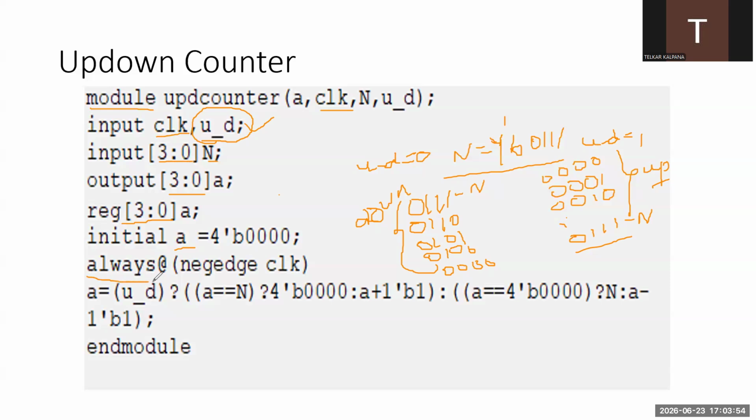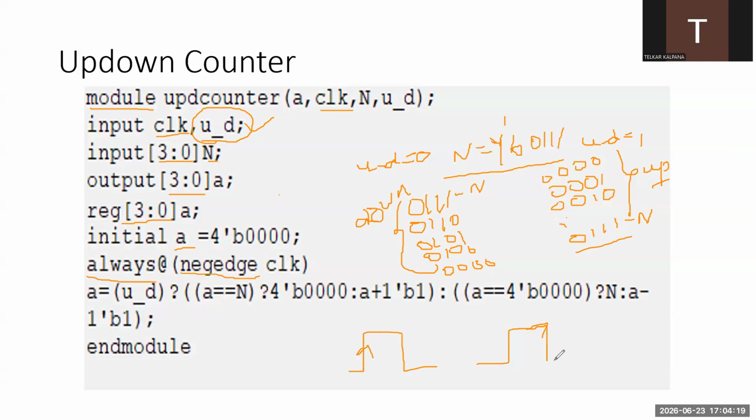Now, using the always statement, always @ means change. Always @ negative edge clock. As already said, we are going to have level triggering and edge triggering. The types of edge triggering are positive edge triggering and negative edge triggering.